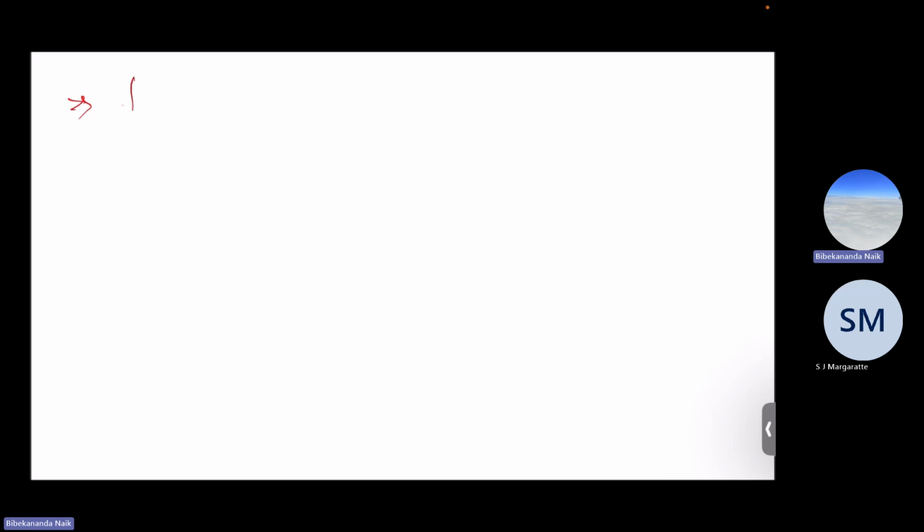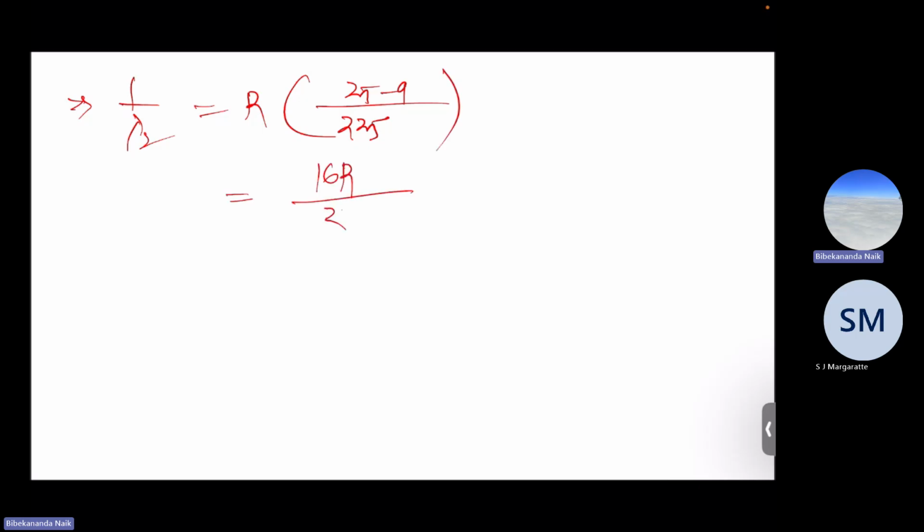So 1 by lambda 2 is R into (25 minus 9) by 225, so it will be 16R divided by 225, or lambda 2 is 225 divided by 16R.